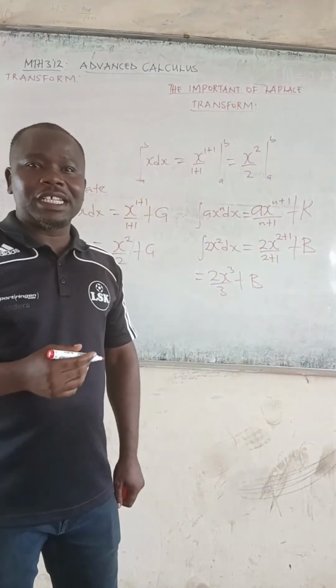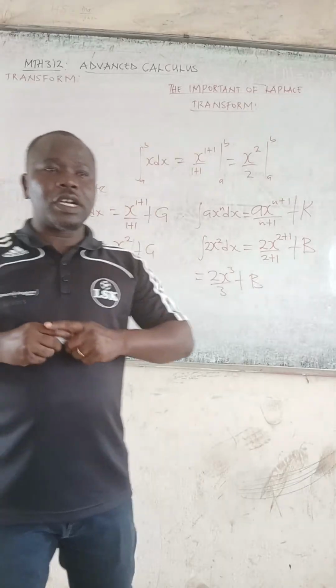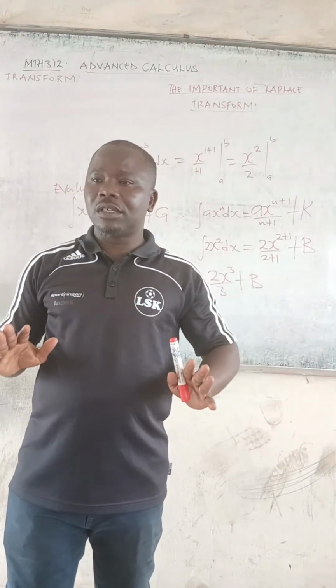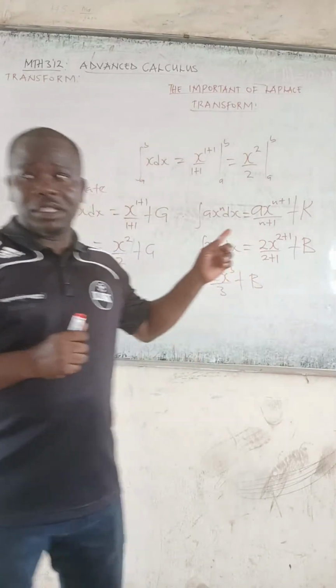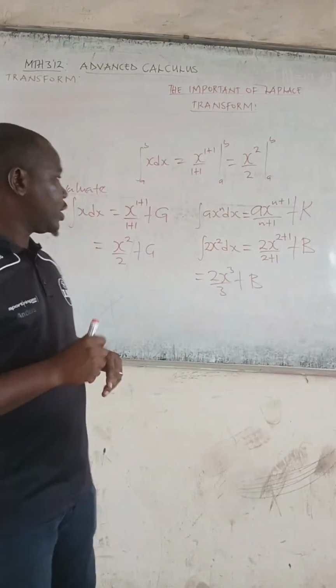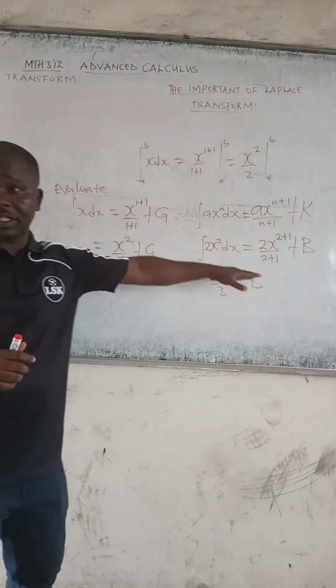This implies that we are going to subtract the lower limit from the upper limit. That is where the problem is.